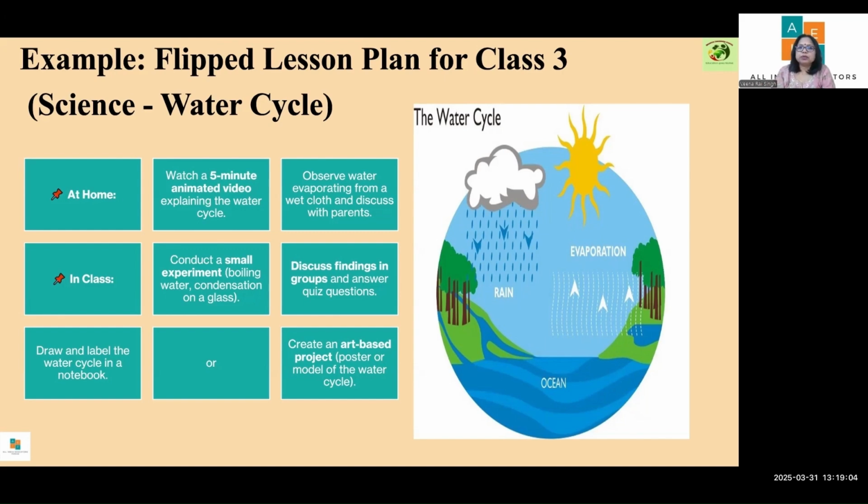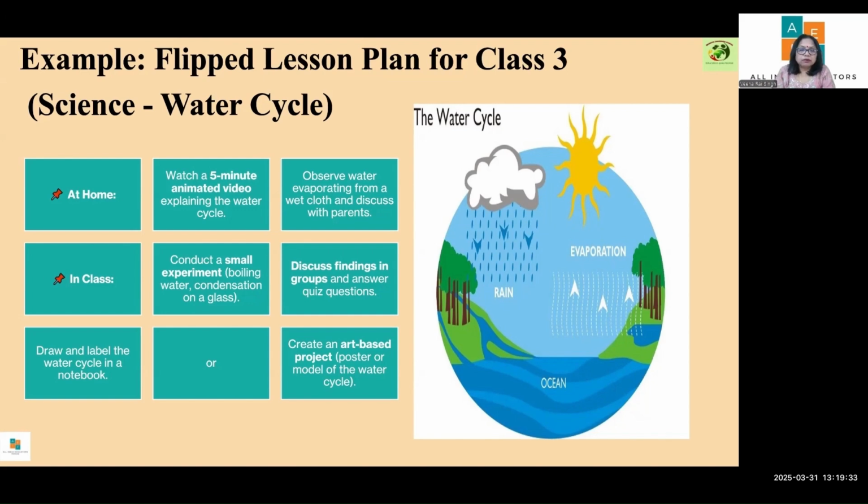In the classroom now, we can conduct a small experiment of boiling water, seeing the evaporation phenomenon, and then the children also watch the condensation on the glass. Now the children can discuss amongst themselves, and further enhancement or incorporation of various activities can take place.